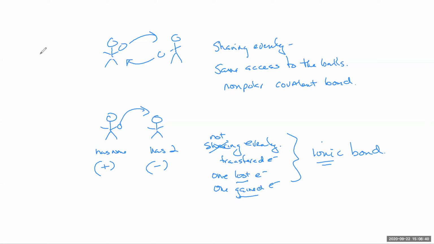So those are the two extremes. Sharing evenly, nonpolar covalent. Not really sharing at all. Somebody gained and somebody lost. Ionic. So what's this polar covalent bond? In a polar covalent bond, this person throws and this person doesn't, but then, you know, there's like that yard duty person around.